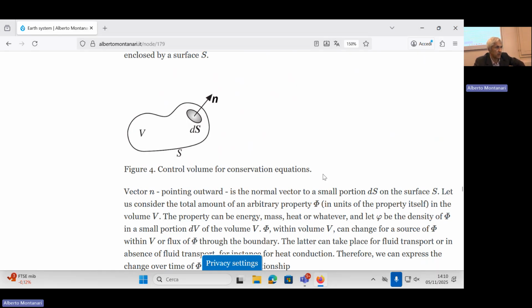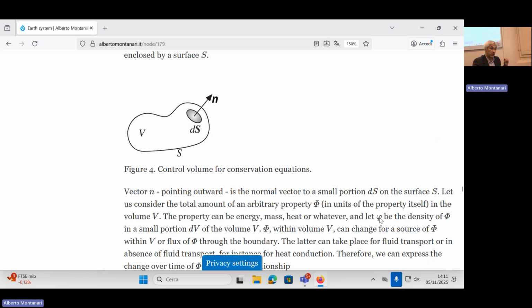Okay, so let's consider an arbitrary property. Here it is called capital phi, and it's expressed in units of the property itself. So if it is mass, it's kilograms. If it's energy, it's the unit of energy, and so on. And in the volume V, the property, as we said, can be energy, mass, heat, or whatever.